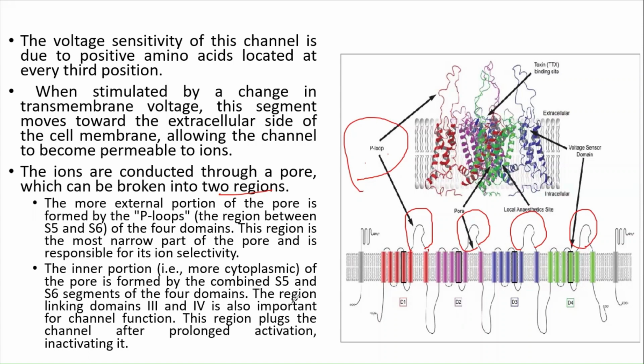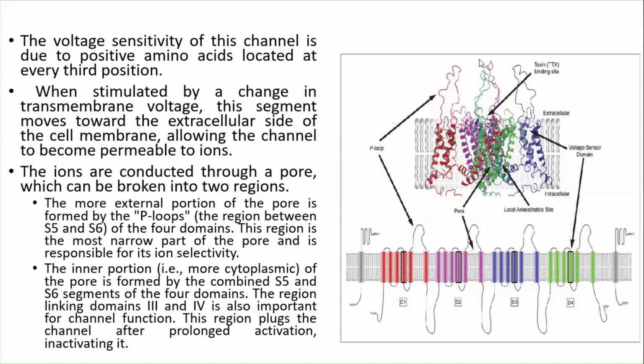The region linking domains 3 and 4 is also important for the channel. This region plugs the channel after prolonged activation, inactivating it. Okay, that is not so important. So is that clear? What is the takeaway message about the P loop? That it acts as the selectivity filter for the ions.